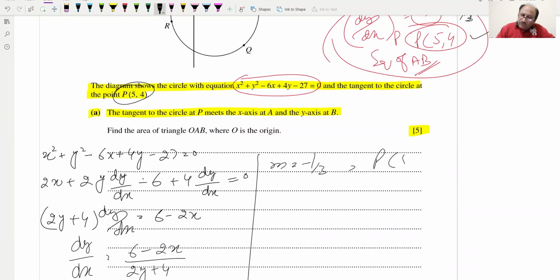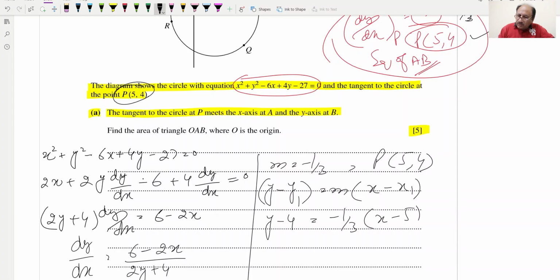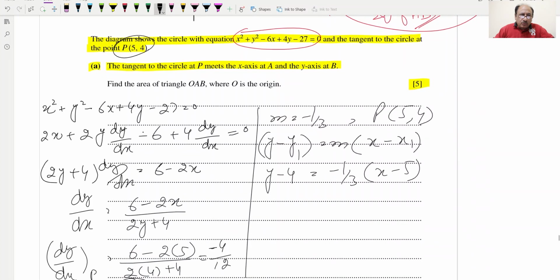Now we write the equation of the line in point-slope form: y minus y1 is equal to m into x minus x1, so y minus 4 is equal to minus 1 by 3 into x minus 5.